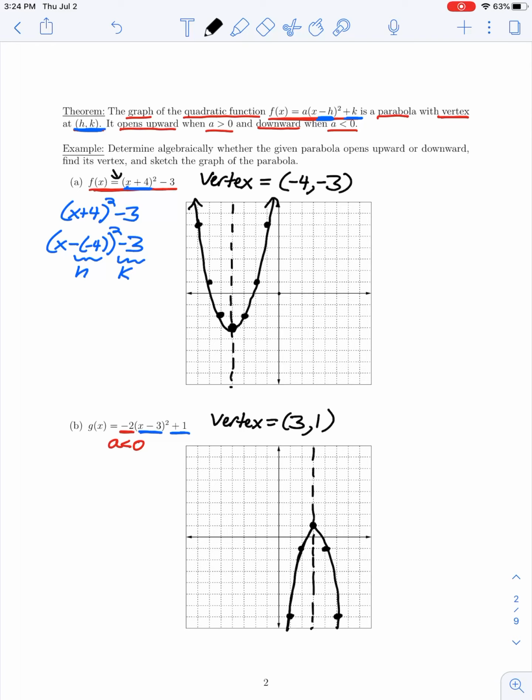It has its vertex at the point 3, 1, and it looks something like this. We see it's a little more narrow than the graph of our parabola in part A, because we were multiplying out in front by a constant -2. Since the absolute value of that constant is 2, our parabola is opening more narrowly than the one in part A. Okay.